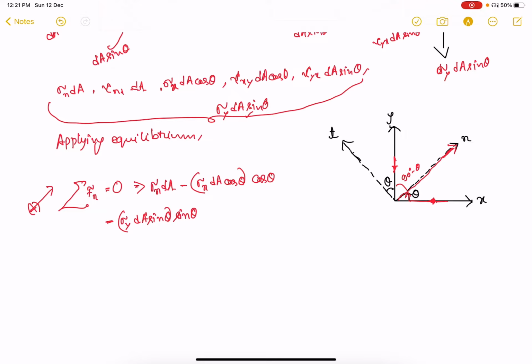Whatever is in this direction will be cos, and whatever is along this axis, to get the component along the normal direction, will be sine.